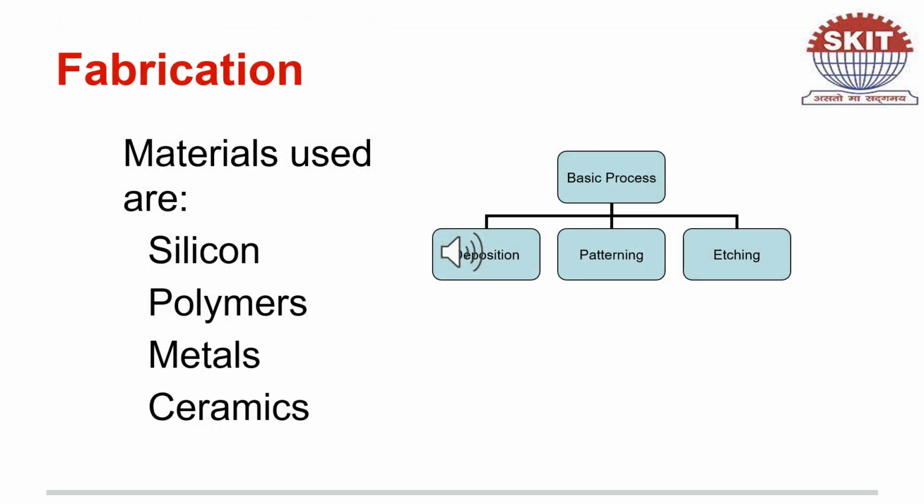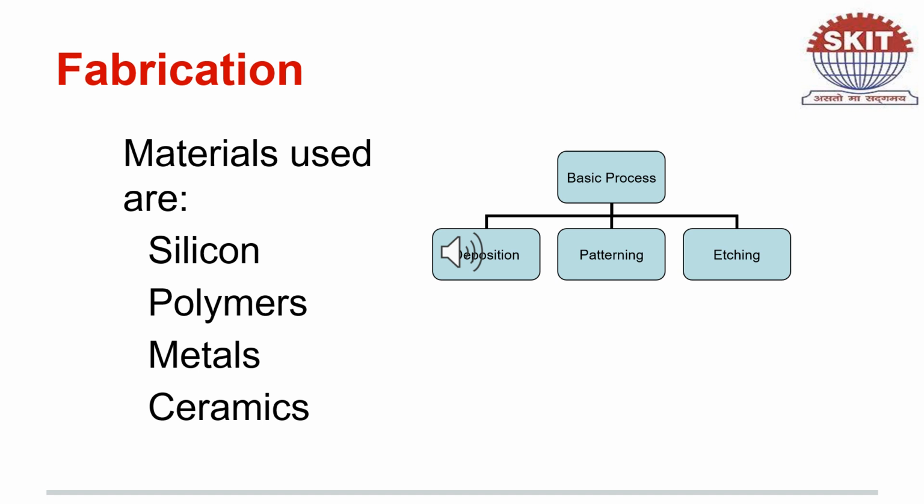For the fabrication process, the materials used are silicon, polymers, metals and ceramics. And the basic process includes deposition, patterning and etching. So the basic fabrication is the same as we all know.